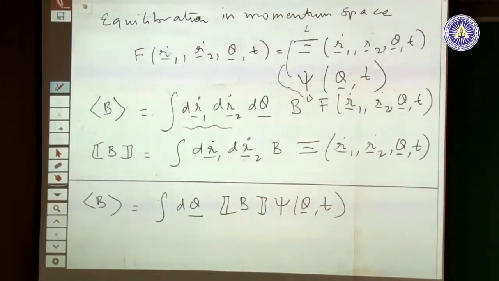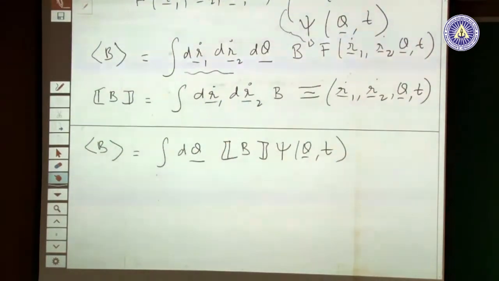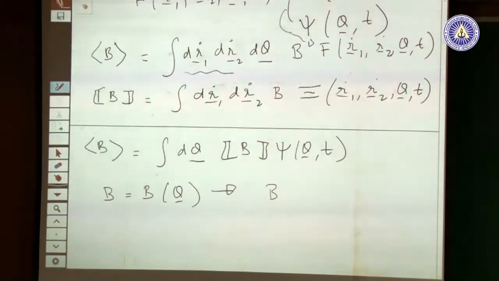The difference between what I was doing this morning is that I am not sticking an equilibrium as a suffix to everything, just to distinguish that this is now evolving in time and it is away from equilibrium. And of course, if B is only a function of q, then the momentum space average of B is the same as B, because it does nothing to it, right.